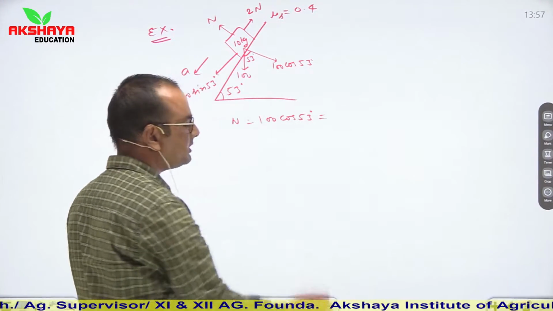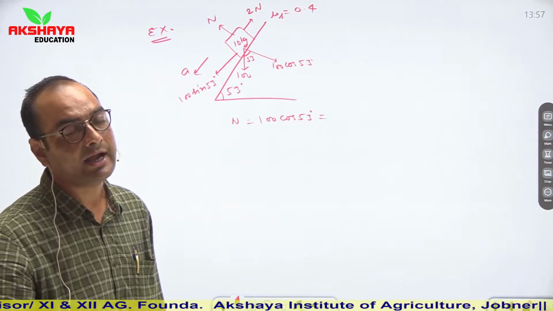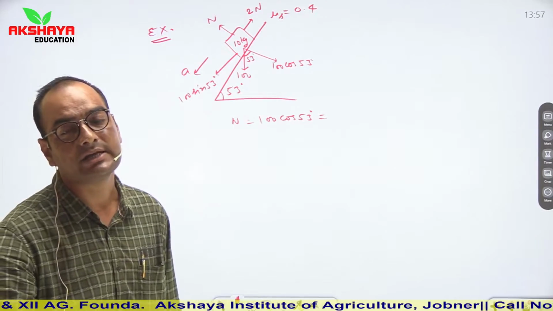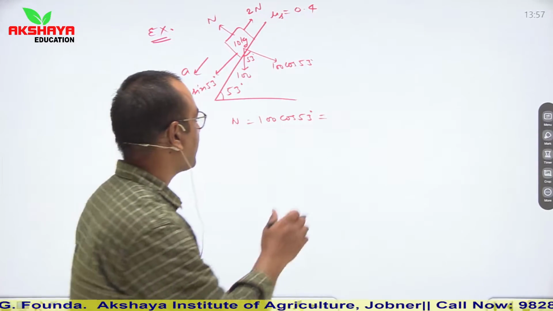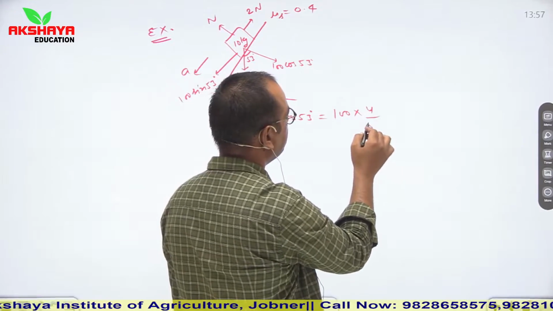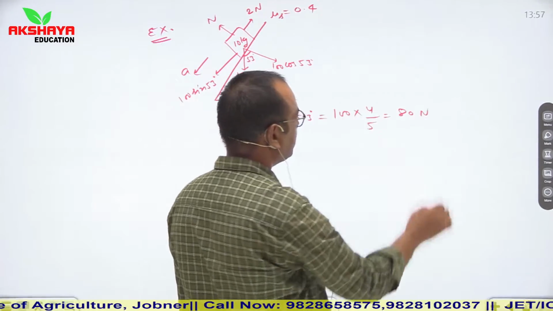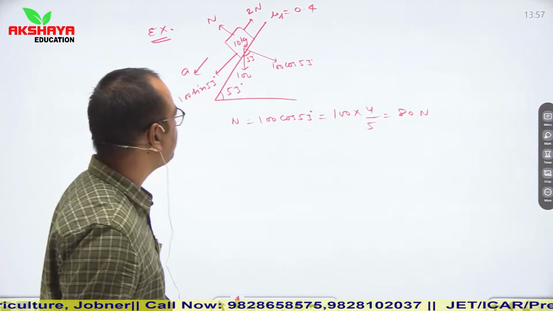So value of cos 53 is equal to sin 37 degree and we know that value of sin 37 degree is 4 by 5. So it is 100 into 4 by 5, so 80 Newton. Normal force is 80 Newton.